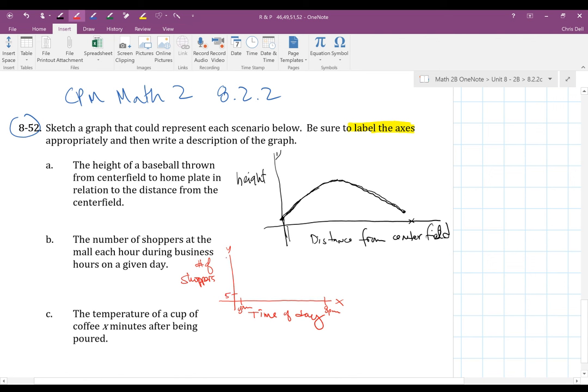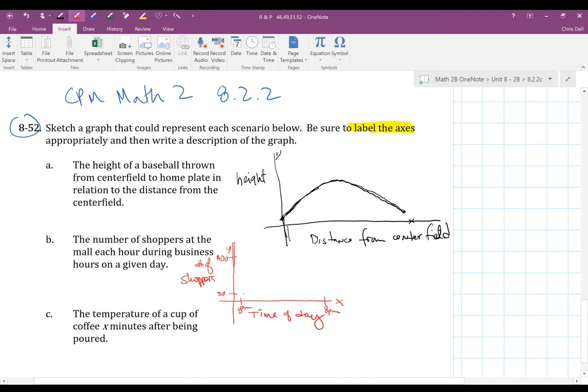So maybe 5 to 100, depending on the size of the mall. Probably would be more than that. Let me be more realistic here. So let's say we start at 50 shoppers all the way up to 400 shoppers, right?